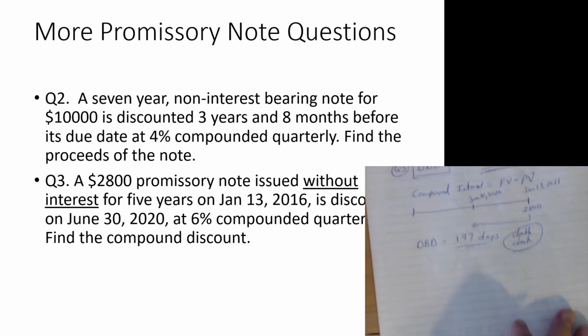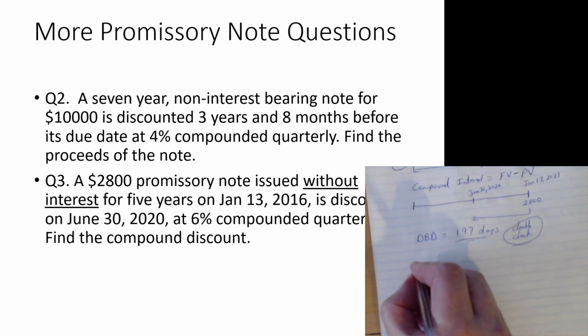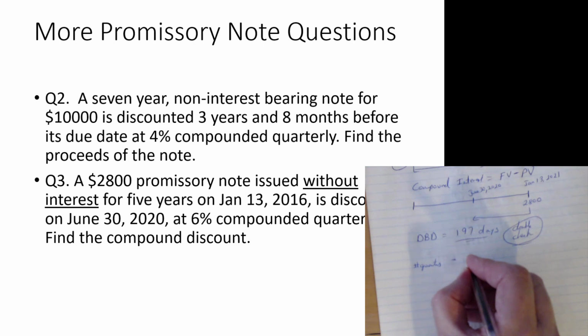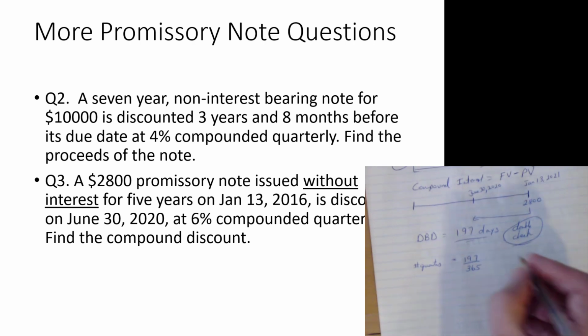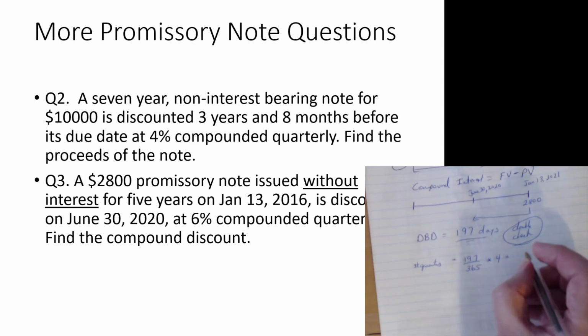In this particular case, we need to do this in quarters. So I need m, and I need n, especially, the number of quarters, because we're counting quarters. This is a little bit of a tricky one to work with, so I'm going to go in fractions of a year: 197 divided by 365, and then multiply that by 4 to get 2.1589.